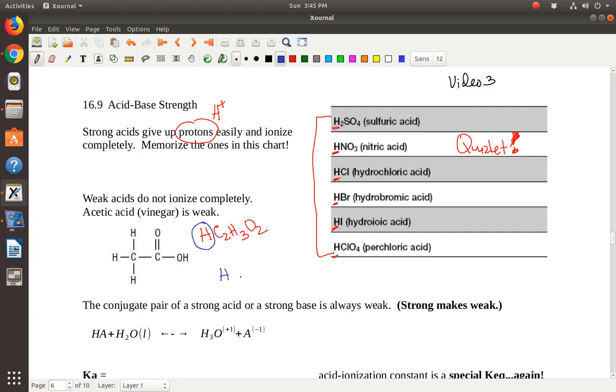In fact, I can write the equation for this acid. Here would be the acid, and it would give up its one hydrogen ion, right here. That's where it gives up. And what's left? Well, then you have the C2H3O2, and it lost a positive, so now it's a negative, because when you lose a positive one, you end up with a negative one.